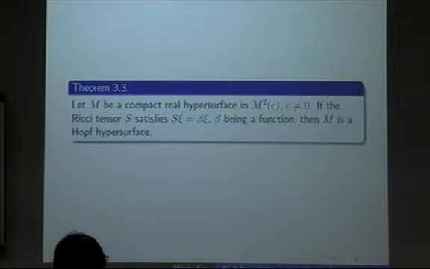And using these lemmas, we can prove our main theorem. Let M be a compact real hypersurface in M2(C). If the Ricci tensor satisfies S xi is equal to beta xi, where beta being a function, then M is a Hopf hypersurface.